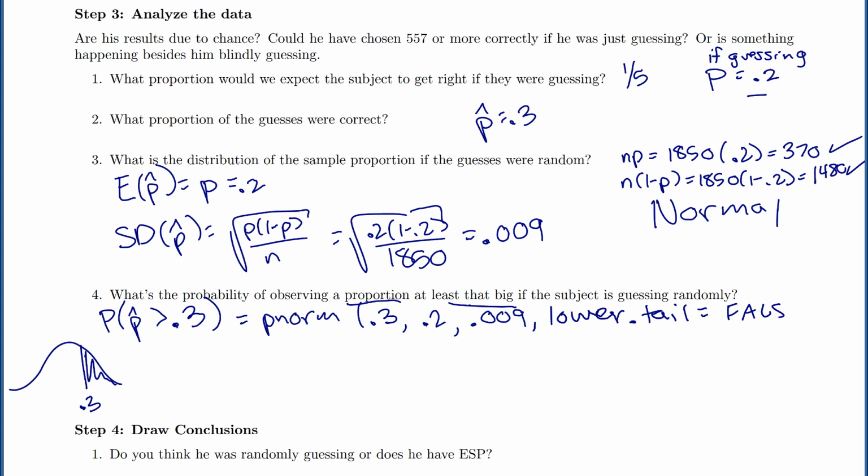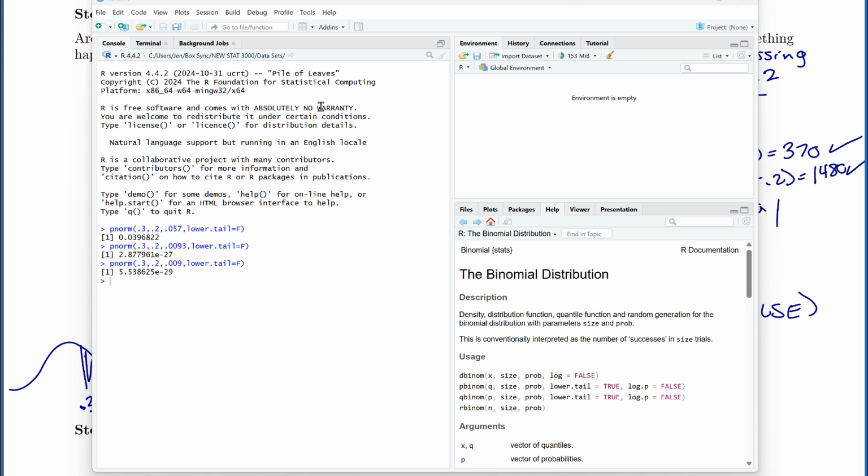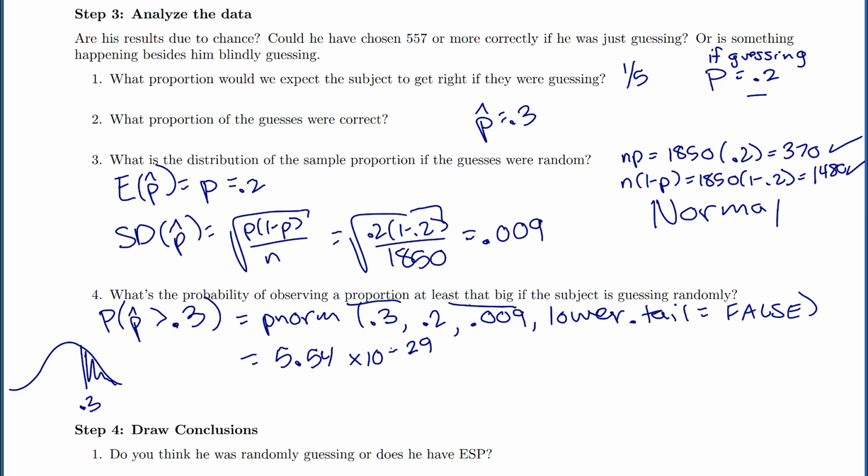You can type out the entire word FALSE or just the capital F. When I put it in R, I get 5.54 times 10 to the negative 29th power. In R, it looks like 5.538 and then e to the negative 29. That's what it means as scientific notation. So it's 5.54 times 10 to the negative 29.